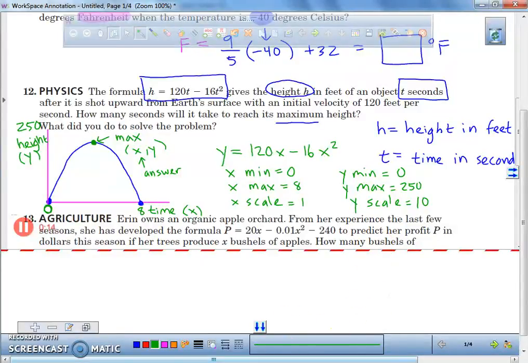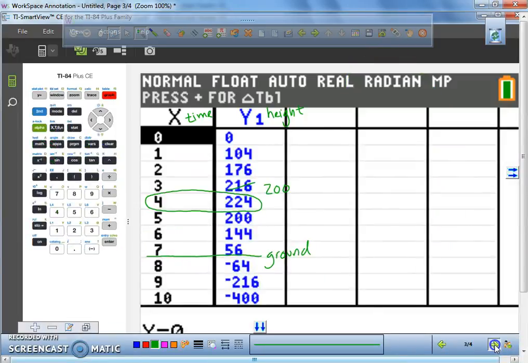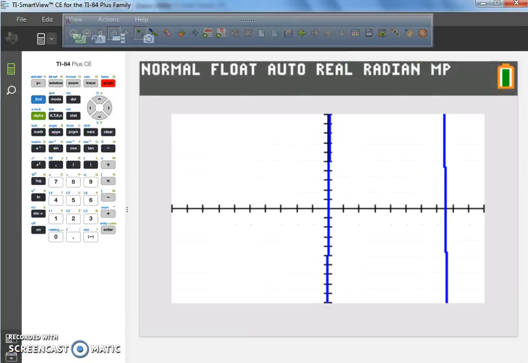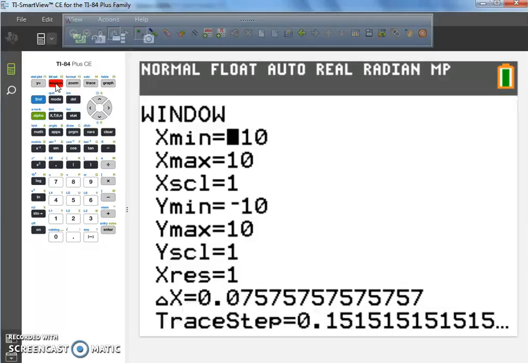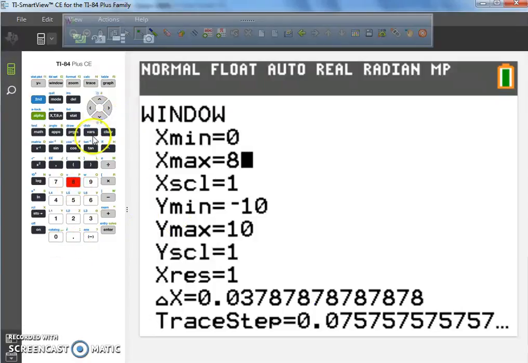Now, on the calculator, let's scroll over here real quick. All right, on the calculator, where it has the window button, hit the window button on your calculator. Where it says x minimum, type in 0. Where it says x maximum, type in 8.